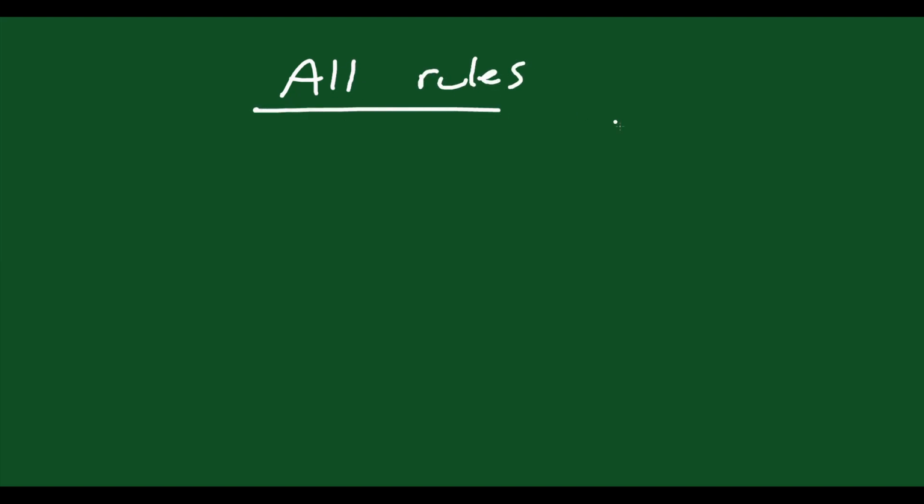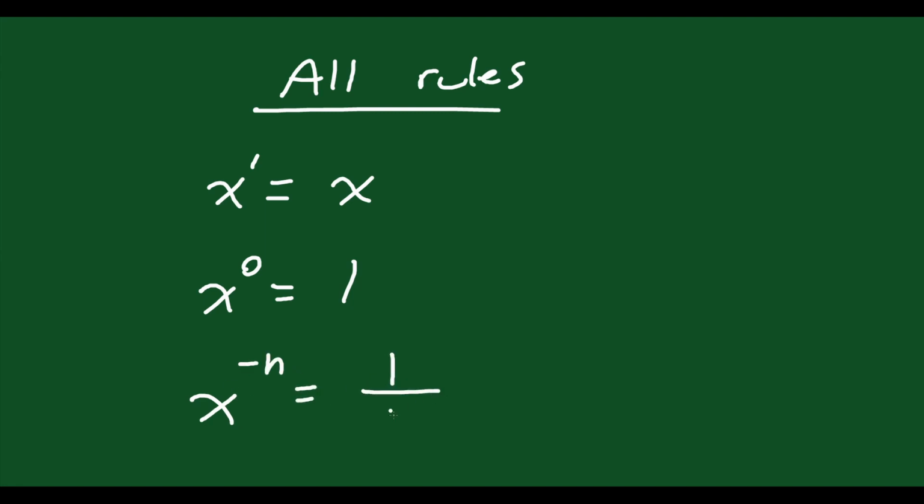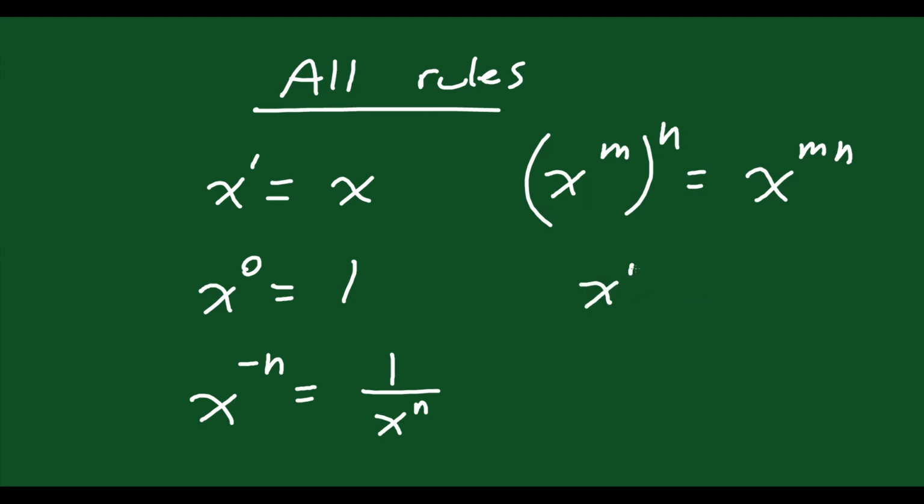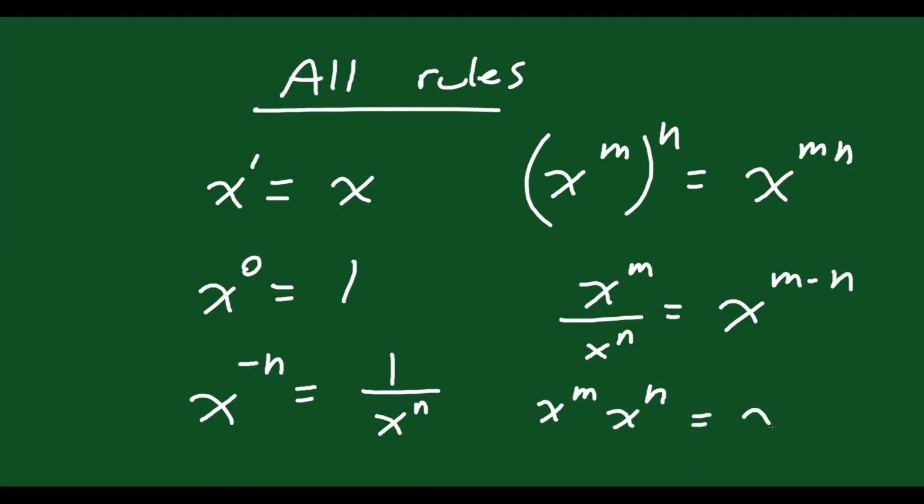If you take nothing else away from this lesson, just remember this. x to the 1 is equal to x. x to the 0 is equal to 1. x to the negative n is equal to 1 over x to the n. x to the m to the n is equal to x to the m n. x to the m over x to the n is equal to x to the m minus n. And x to the m times x to the n is equal to x to the m plus n.